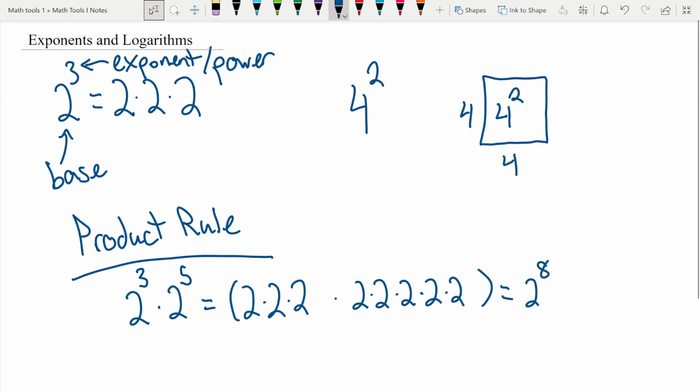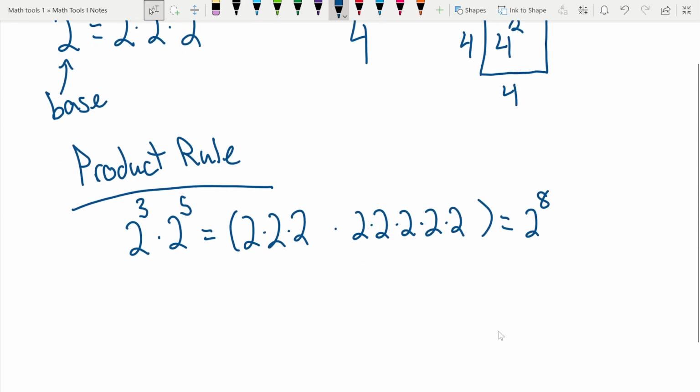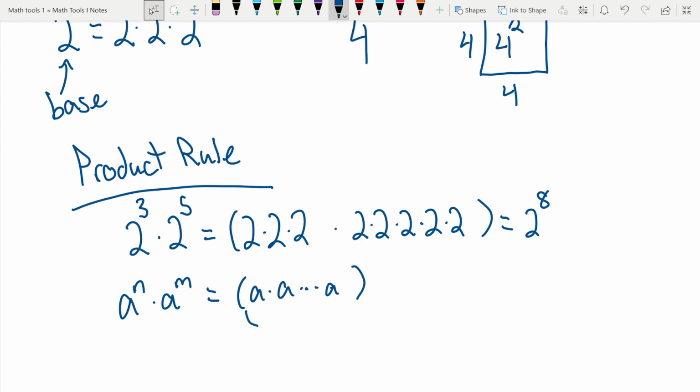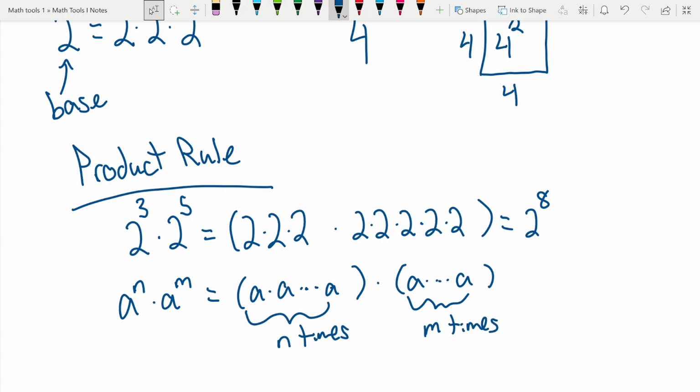Okay. So in general, if we have, say, a to the n times a to the m, this will be a times a times a, n times, times a times a, m times, whatever m and n happen to be.